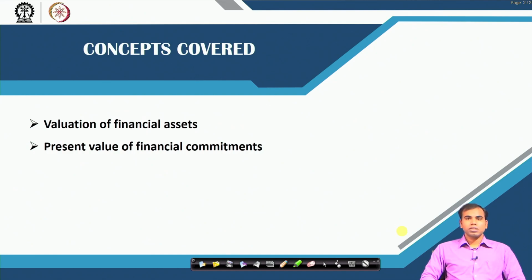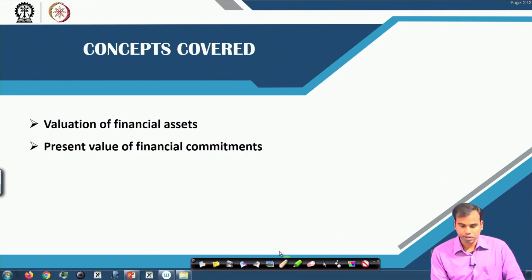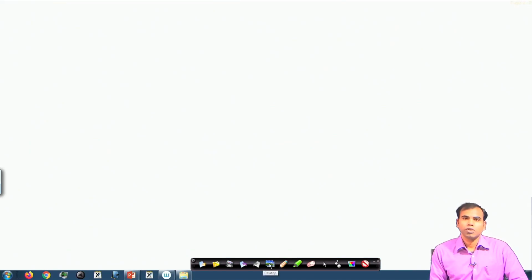So, let us understand what those financial securities are that we are going to focus on in this session. First we will touch upon the types of financial securities, then we will understand their features, and subsequently we will incorporate those features into the decision making model of financial evaluation.